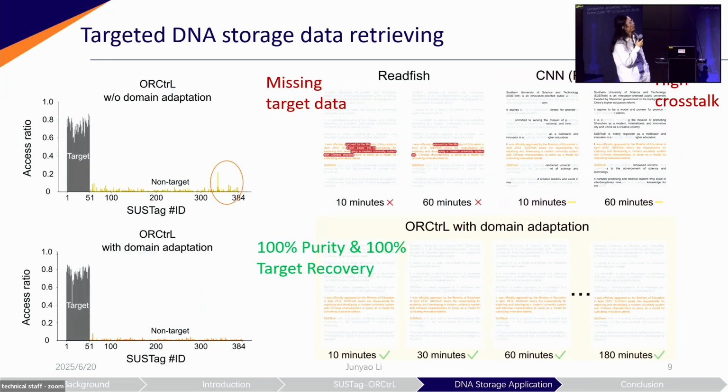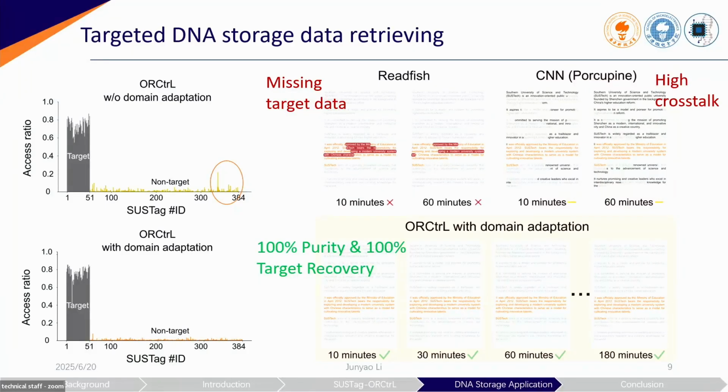Let's see the final results. You can see that without any domain adaptation, the non-targeted data area shows some peaks. These peaks are crosstalk, which can affect our data retrieval. In the left panel, the ReadFish pipeline is very precise, but the data retrieval is incomplete.